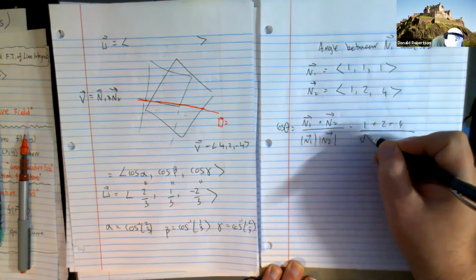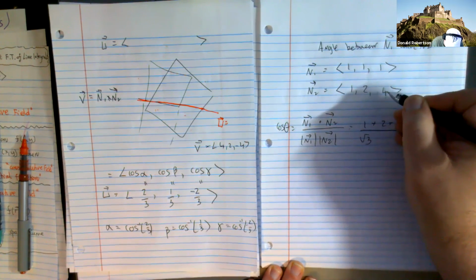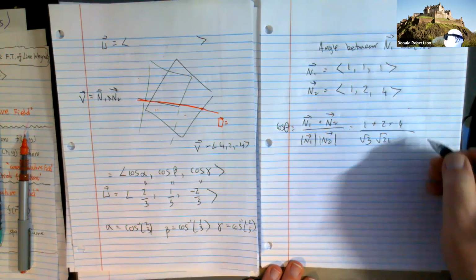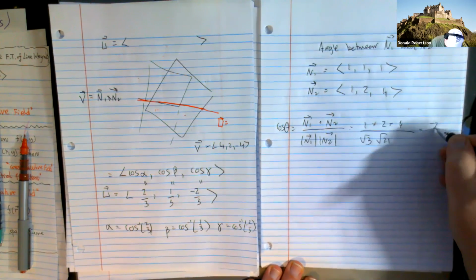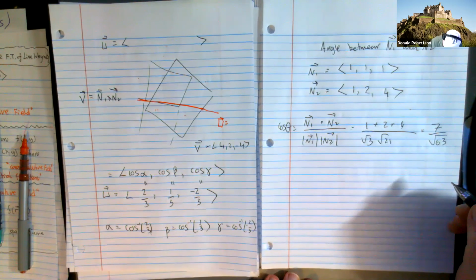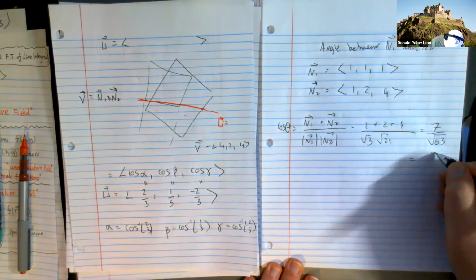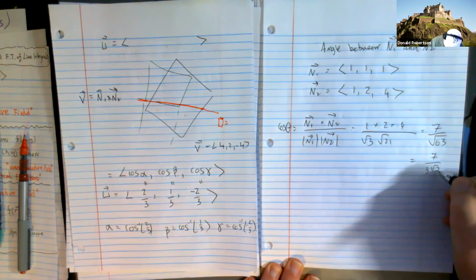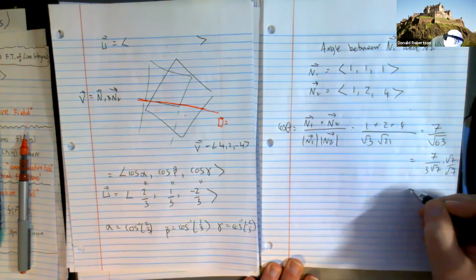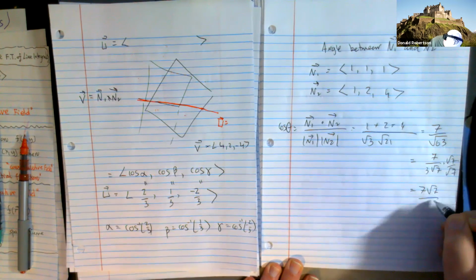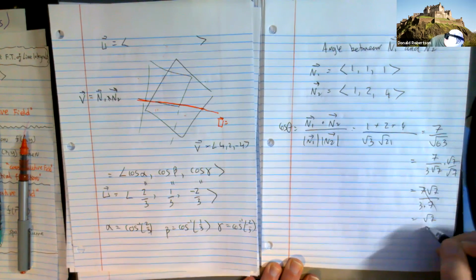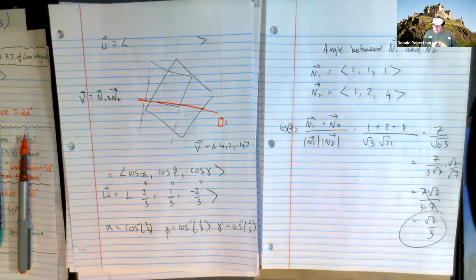So the top is 7. Square root of 3 times square root of 21, which is square root of 63. 63 is 9 times 7, so that's 3 root 7. Rationalize the denominator: 7 root 7 over 3 times 7. The 7s cancel, so it ends up being quite nice: root 7 over 3.